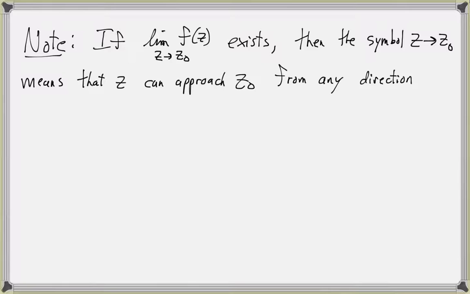You could spiral in a counterclockwise direction closer and closer to z0, or it could come straight down to z0, or straight from the left or from the right, so in any arbitrary direction or any arbitrary manner.